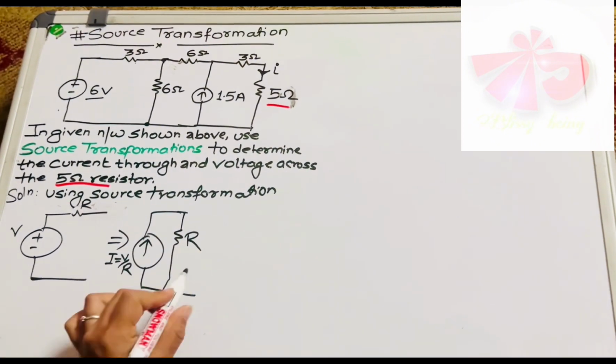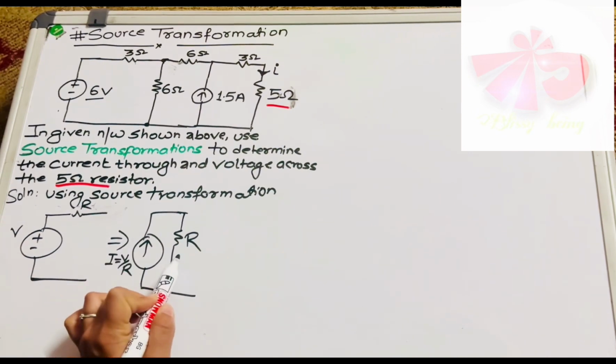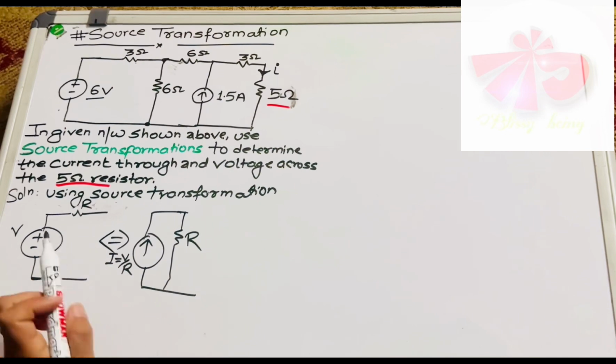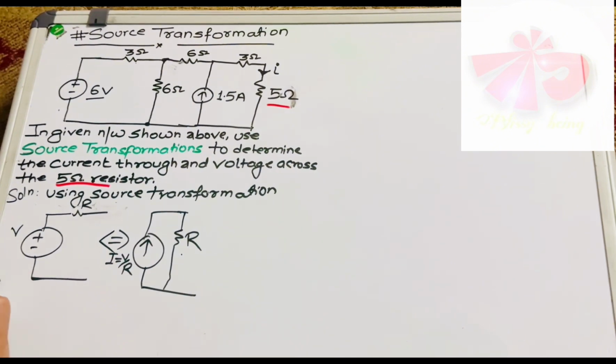That's how we can transform any voltage source with a series resistor into a current source with a parallel resistor. This transformation can also be done the other way around: you can transform any current source with a parallel resistor into a voltage source, where V equals I into R, using the basic formula of Ohm's law.